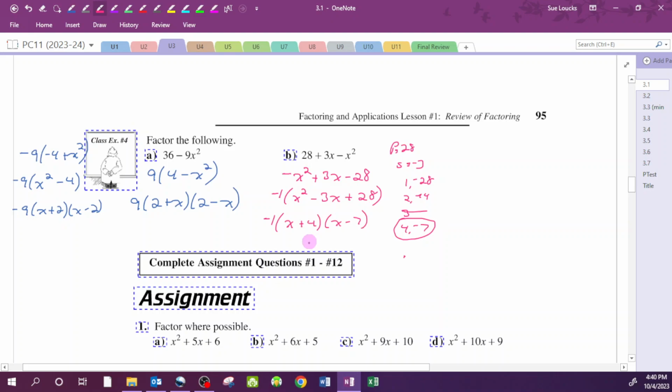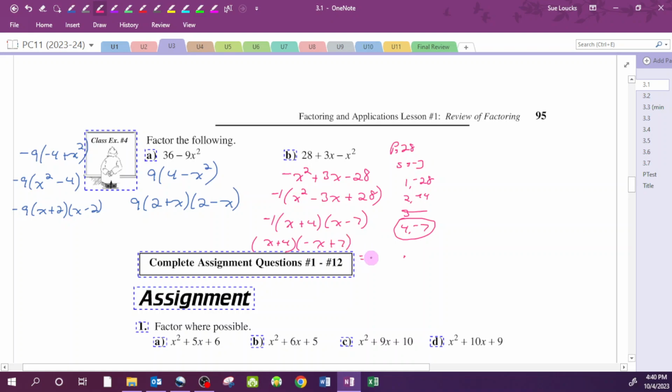But we don't usually factor it like this. We usually don't want that -1 out front. So I'm going to put it back in, and I'm actually going to multiply it into this second term. So I'm going to have x plus 4 times -1 times x is -x, and -1 times -7 is +7.